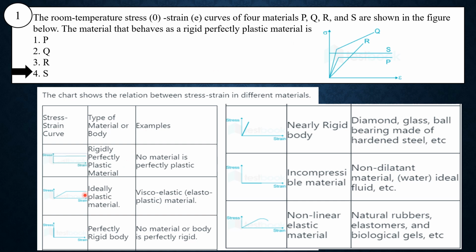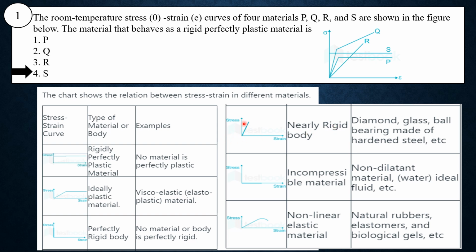And the graph for an ideally plastic material: initially, stress is directly proportional to strain, and next the stress is constant while strain is increasing. Then for a perfectly rigid body, stress increases with strain zero. For a nearly rigid body, the stress-strain curve is an inclined line.